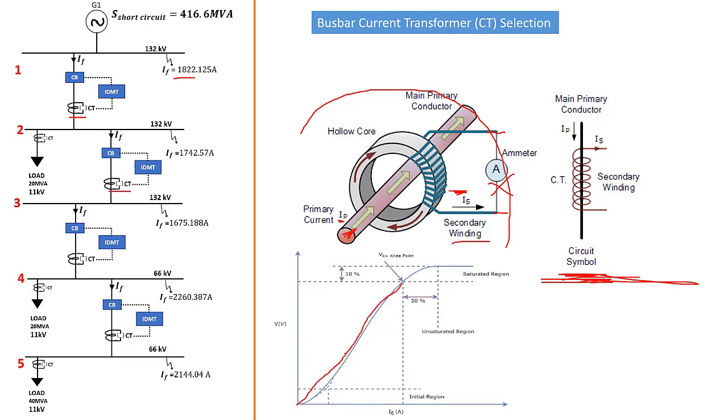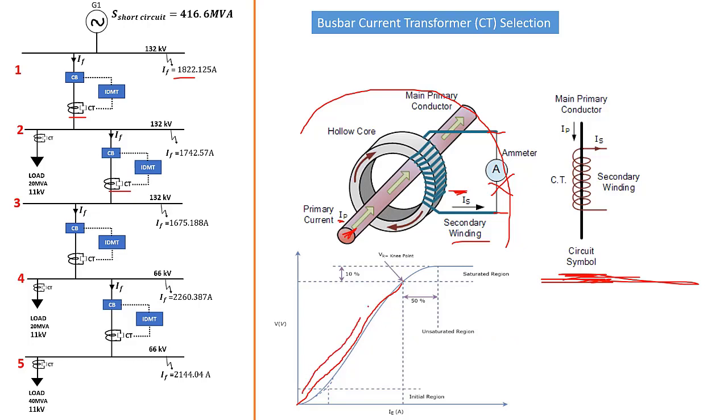So it's following, okay? Now, outside this point here, it's no longer following. It's no longer linear. You can see there is a curve now. That's why it's called the knee point voltage. So when the CT operates outside its rating, that's when we get to that point.